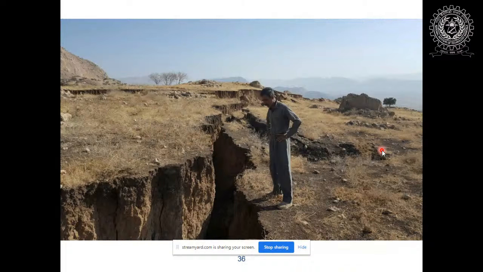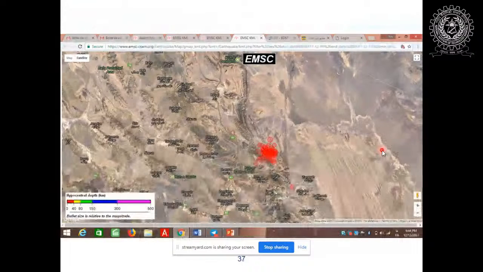There have been the landslide and landslide fissures, and there have been some tension cracks, but no surface fault rupture. As I told you, it was due to the depth of the basement fault.